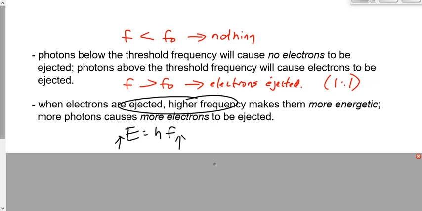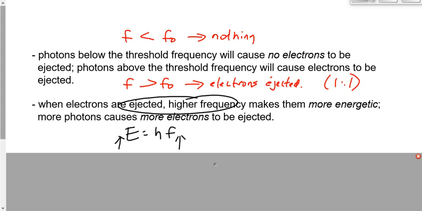And if the photon has more energy, then that provides more energy to the electron that's ejected. So the electron can have more energy. You hit something with barely enough energy to cause it to be ejected, it's barely going to be ejected. You hit something with way more than enough energy to be ejected, then it's going to be ejected with a lot more energy. It's going to be faster moving as a result of that.